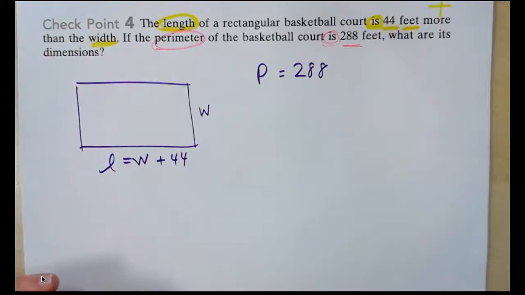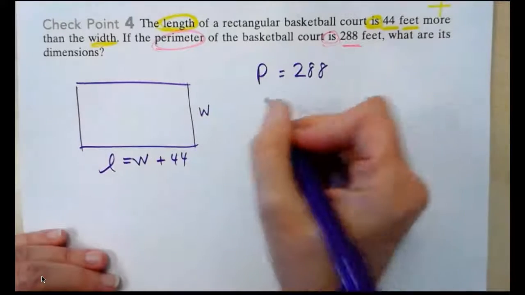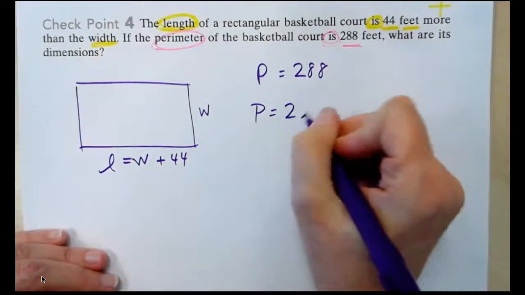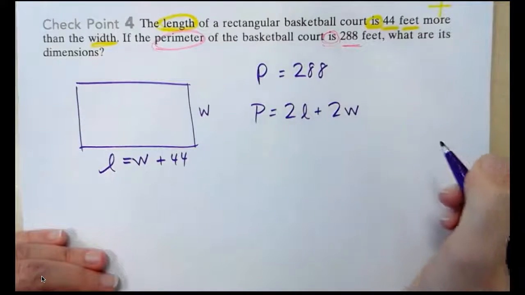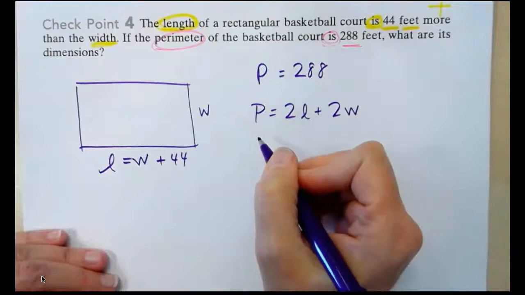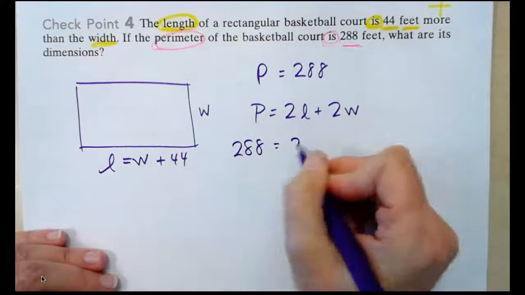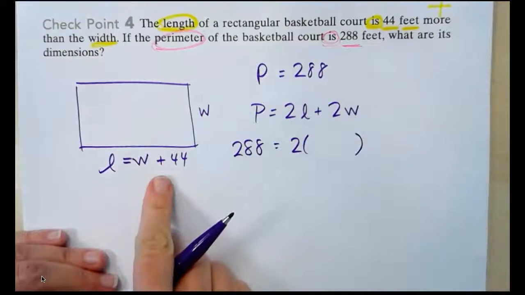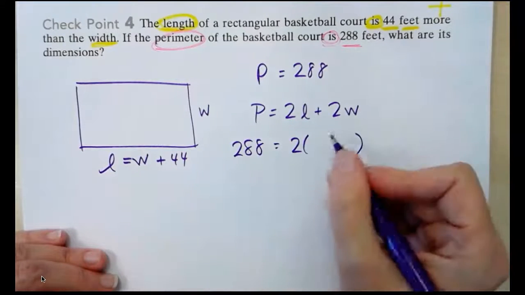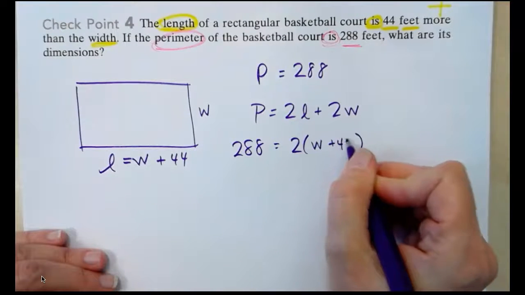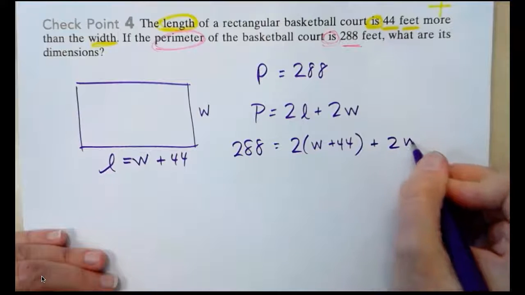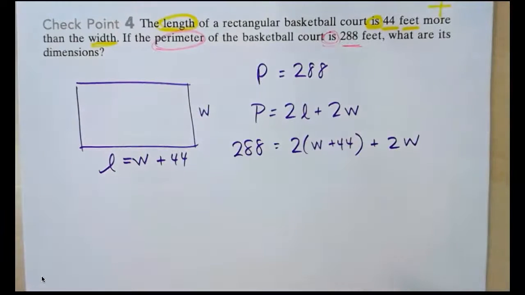Now, take what you know, what is true about perimeter. Perimeter of a rectangle is 2L plus 2W. So let's use substitution now. P is 288. 2 times L. Everywhere we see L, we're going to plug in W plus 44, plus 2W. And now we just need to solve.